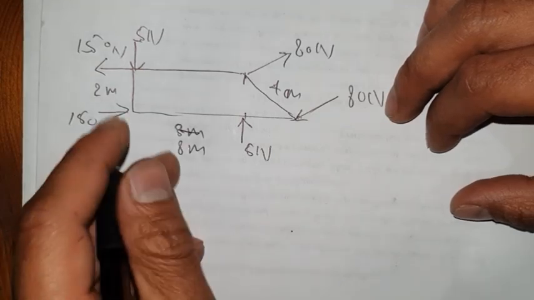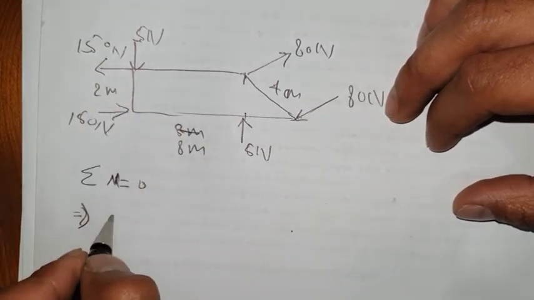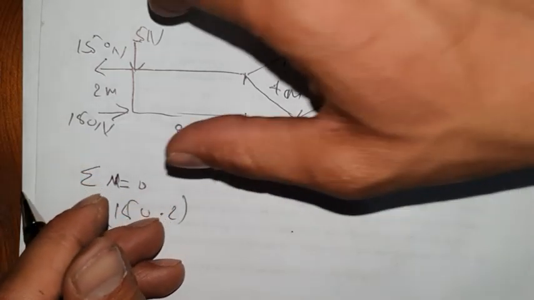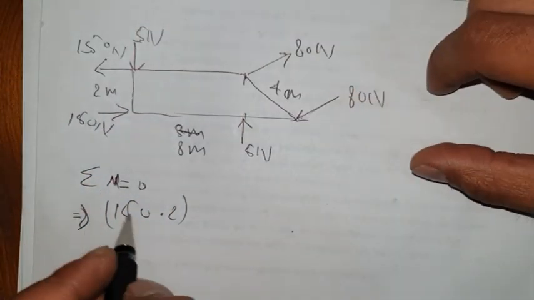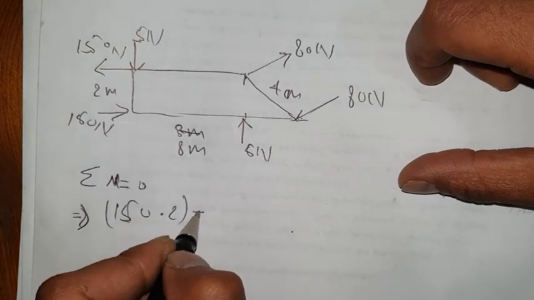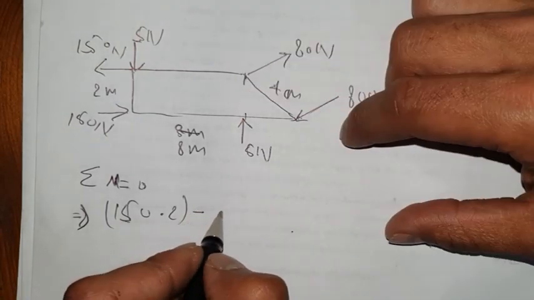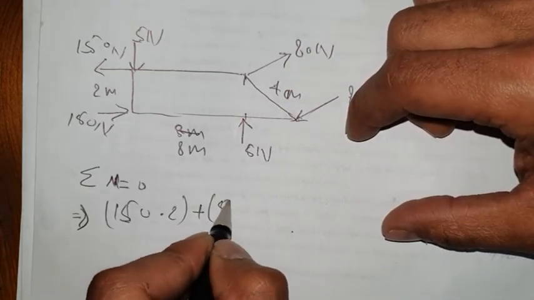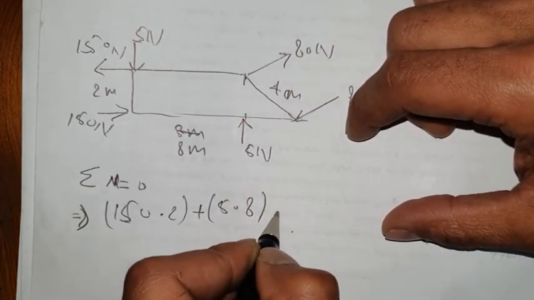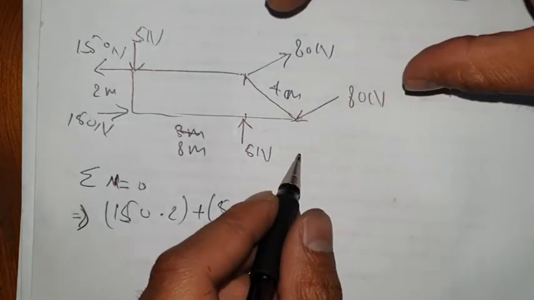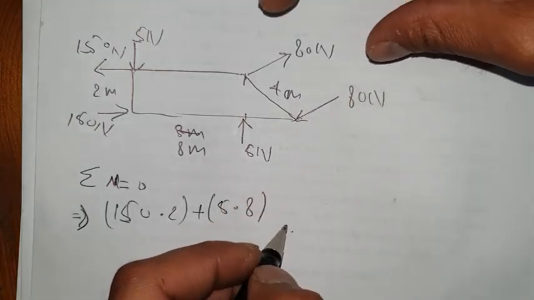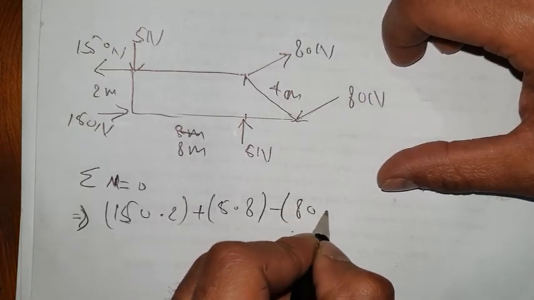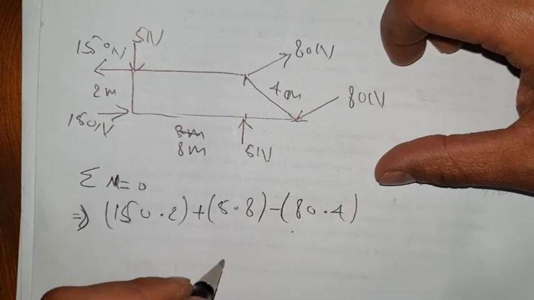And now for the first one, we'll start from 150 times 2 meters. We know that it's counterclockwise, so it's positive. And the other one, 5, it's also clockwise, yeah, it's positive: 5 newtons times 8. And here we have the 80 newtons. This is clockwise, so it's negative 80 times 4 meters.